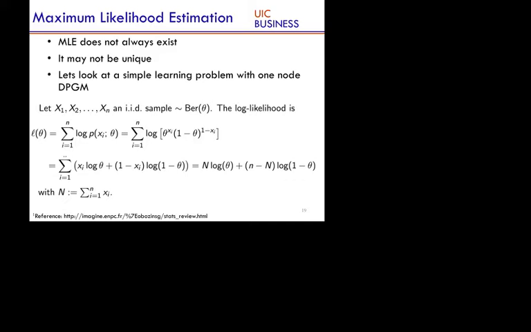You can also count the number of times xi was 1 and not 1, and add those as the coefficients here. So the number of times log theta appears is the number of times xi is 1, and the number of times log of 1 minus theta appears is the number of times xi is not equal to 1. Is this reduction clear, what the optimization problem is? We are trying to choose a theta, and this is just algebraic manipulation going on.